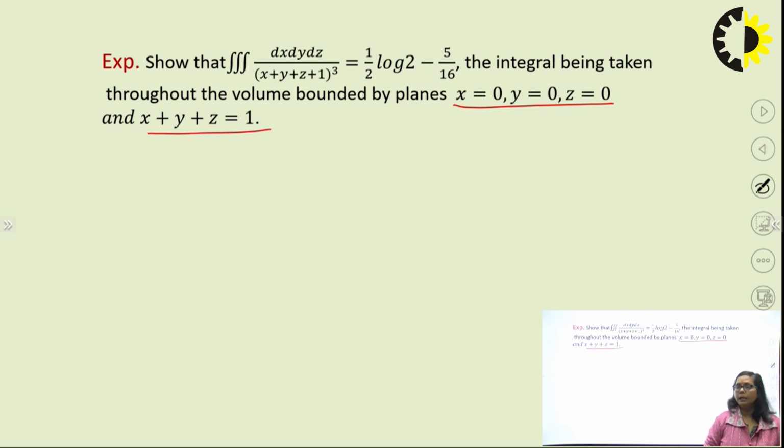So this is x plus y plus z equal to 1 and all these three variables take the value 0. From here, I am able to find out the limits for x plus y plus z, meaning the values of h1 and h2.